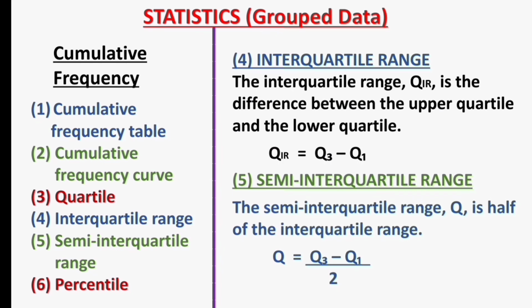The semi-interquartile range, Q, is half of the interquartile range. That means Q is equal to (Q3 minus Q1) divided by 2, which represents the upper quartile minus the lower quartile divided by 2, or half of the interquartile range, which is interquartile range divided by 2.